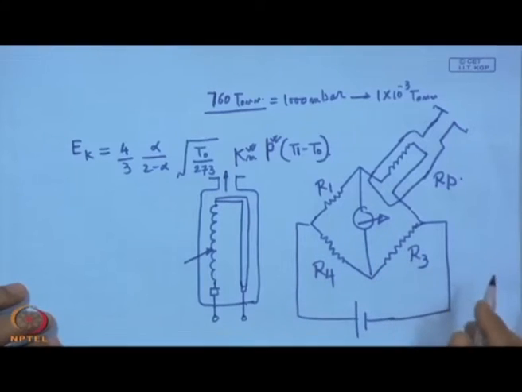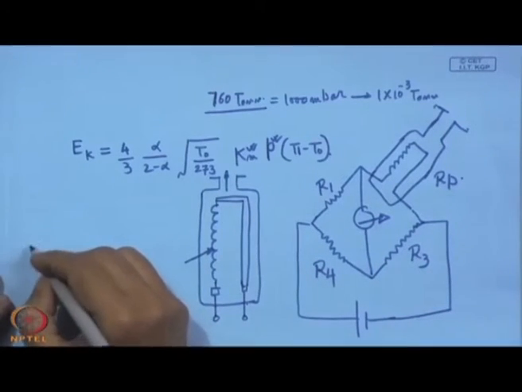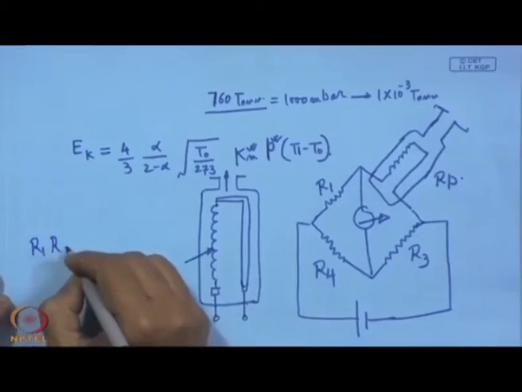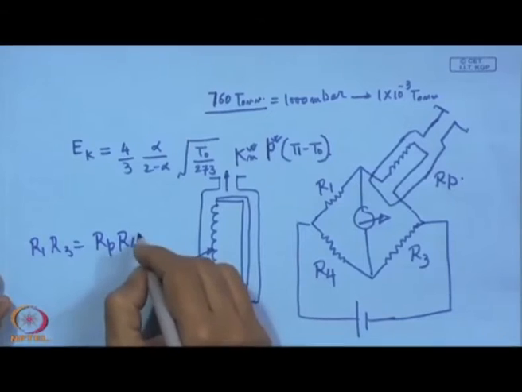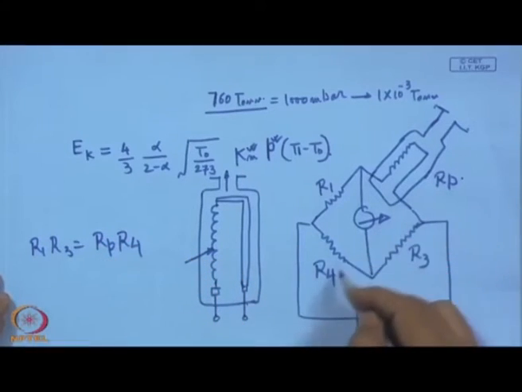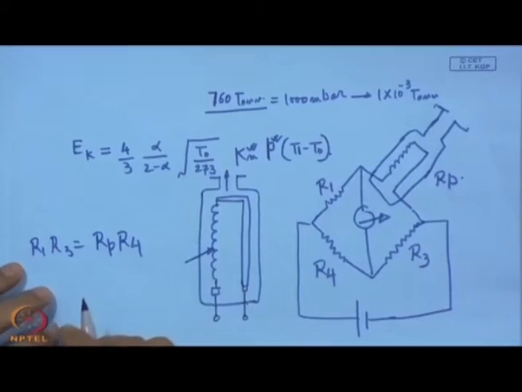Now, what is going to happen? We can write further that in the null condition R1 R3 is equal to Rp into R4. So long as there is a balance, there will be no signal, and now this Rp is going to change. How is it going to change?